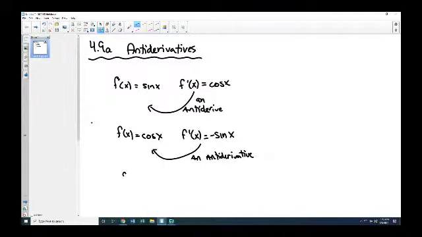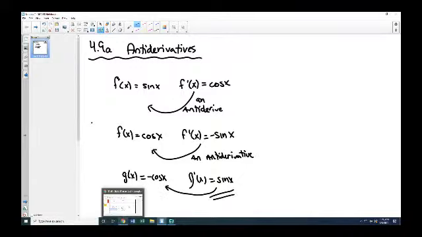Additionally, what if g is negative cosine x? And then you know that g prime of x is going to be sine x. So an antiderivative of sine x is negative cosine. All right, you'll see this is the more common question. So that's just kind of an idea of the relationship between the two, derivatives and antiderivatives.